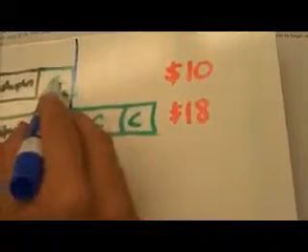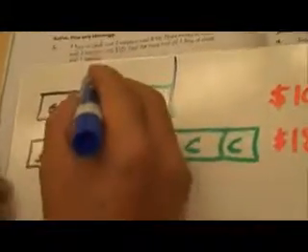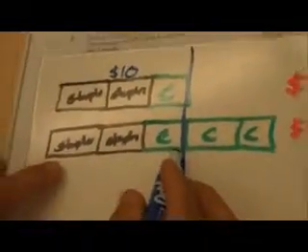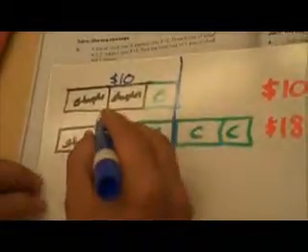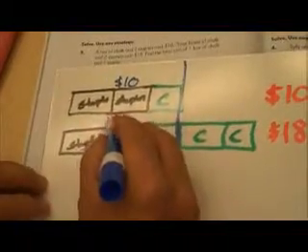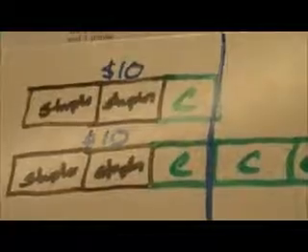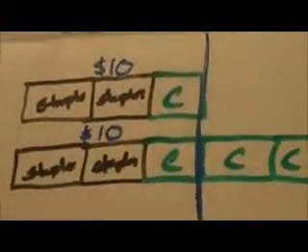So if I know that all of this is $10, I'm going to go ahead and write that this is $10. Knowing that it's exactly the same from this point back, I can tell you with certainty that to this point, this is $10. Here's where the fun begins.